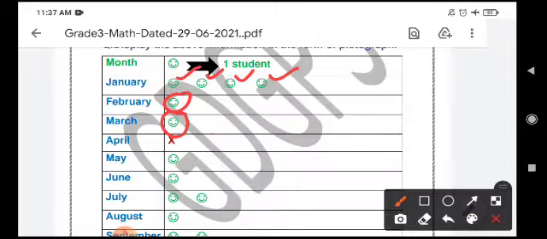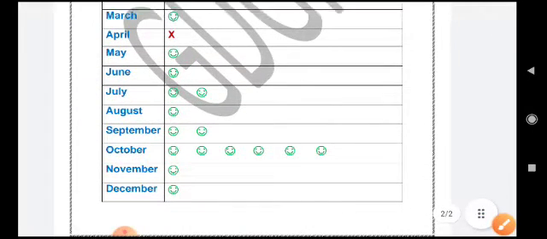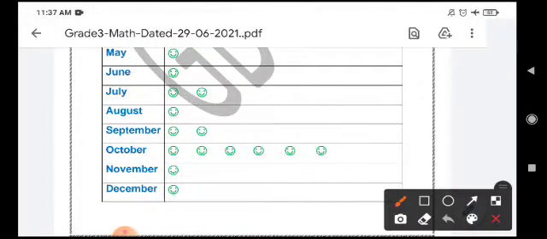March 1 and April, no birthday there, so no smiley you will draw. May 1 smiley, June 2, July 1, August 1, September 2, October was having 6. So 1, 2, 3, 4, 5, 6 smileys. That's why we have made them here. November is 1 smiley. That is, 1 student is having a birthday in November and 1 student is having a birthday in December.